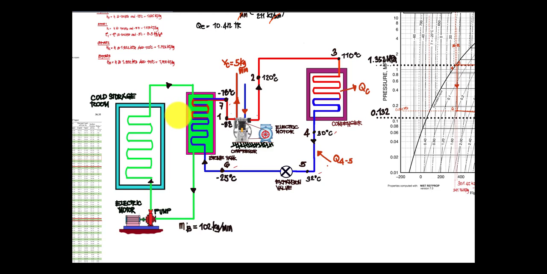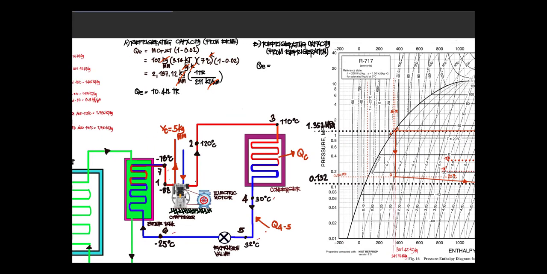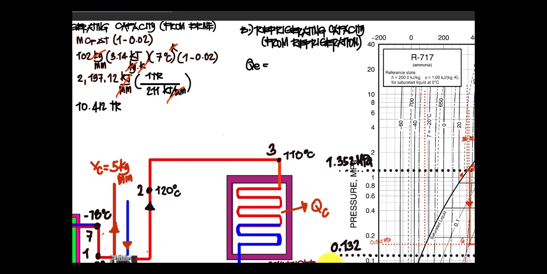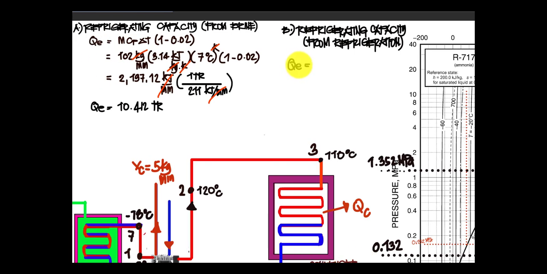So the primary load of the refrigerating system is the brine water. That's why we use it in our equation here. That's why I use the QE, which represents the load of the evaporator, and also it is the refrigerating capacity of the brine.